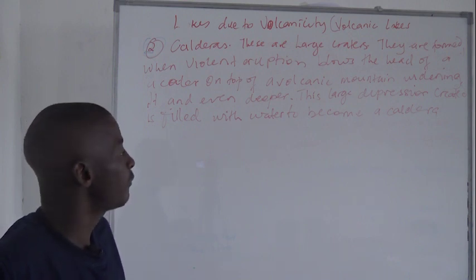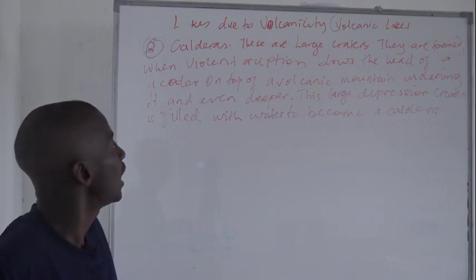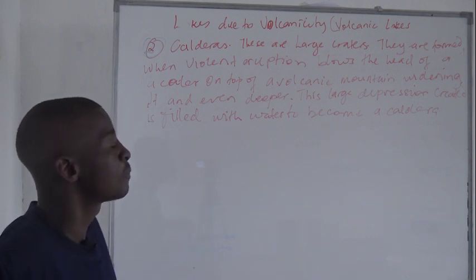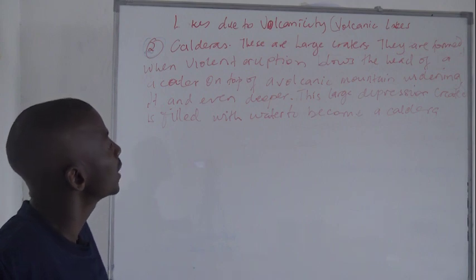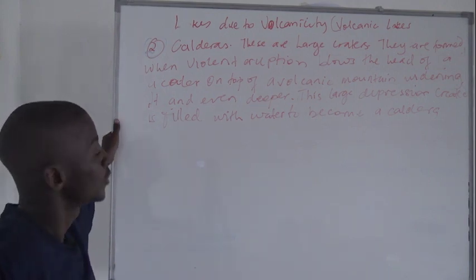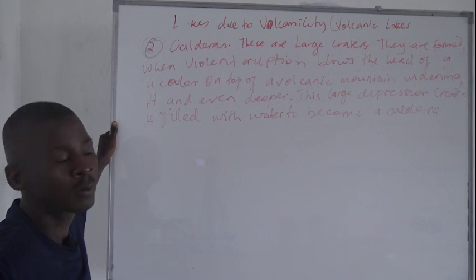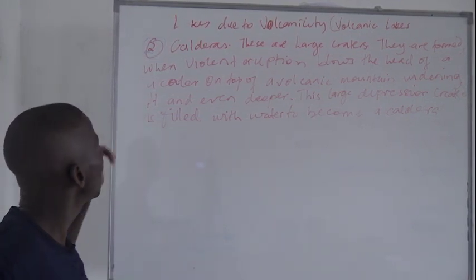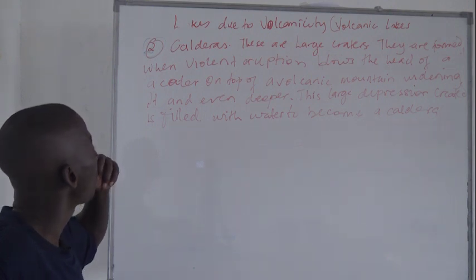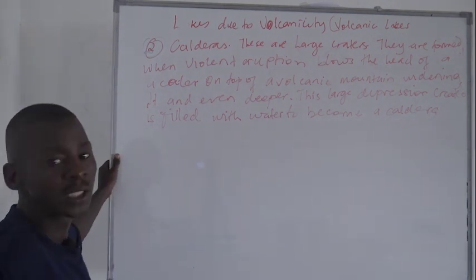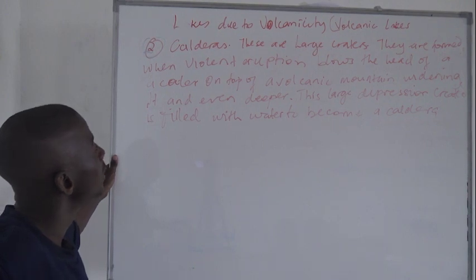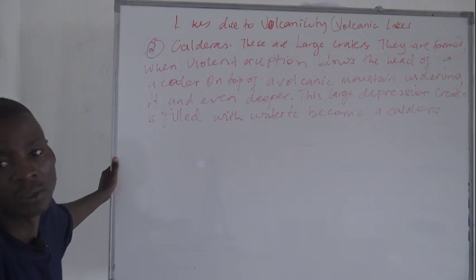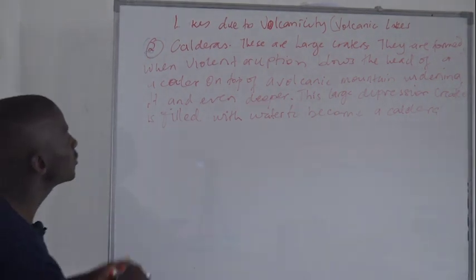When they are very viscous, they are violent. They come with a lot of pressure and blow off the head of a volcanic mountain, creating a very deep and wide depression. That deep and wide depression is later filled with rainwater to become a caldera. So examples of calderas.